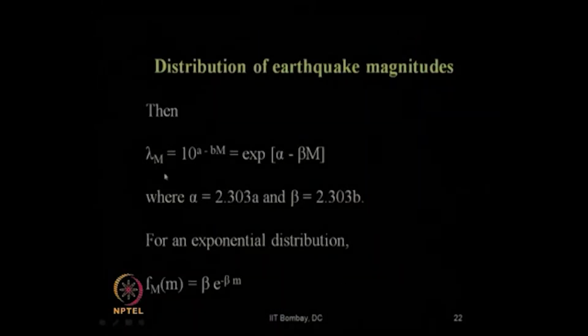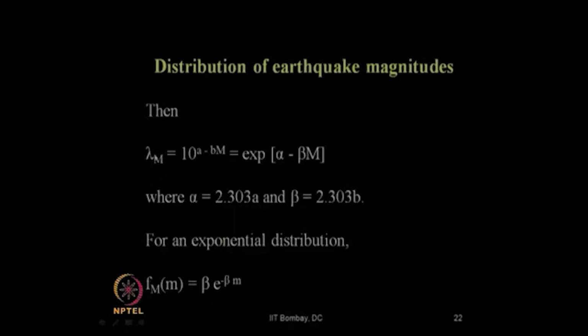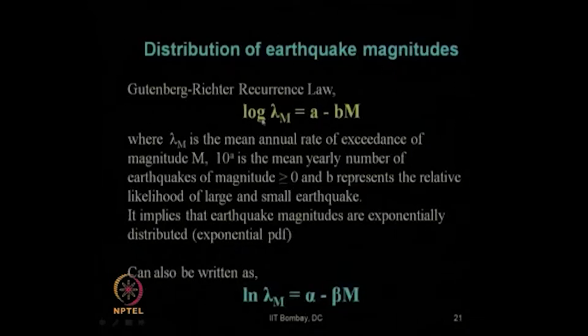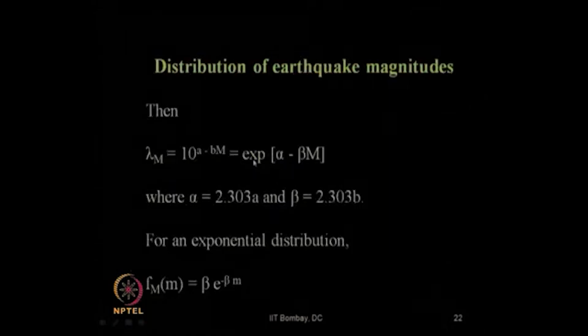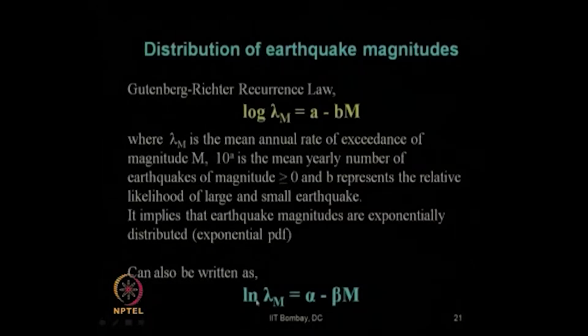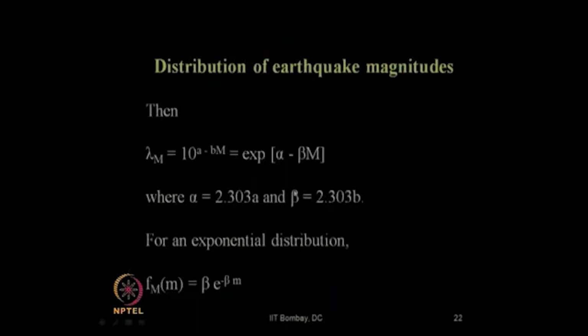Then what we can say, lambda m in the first equation is 10 to the power a minus b m, because this is log 10. So, lambda m equals 10 to the power a minus b m, which can be expressed as exponential of alpha minus beta m, because from this relation we can write lambda m equals e to the power alpha minus beta m, right. That is what I have written.